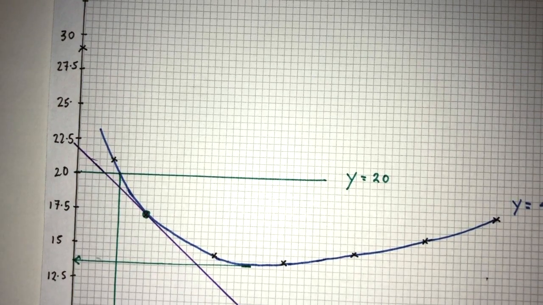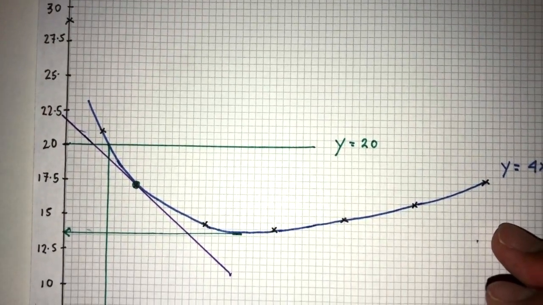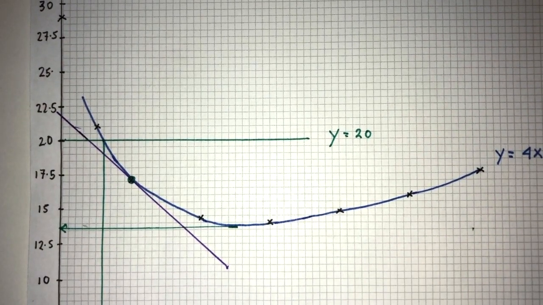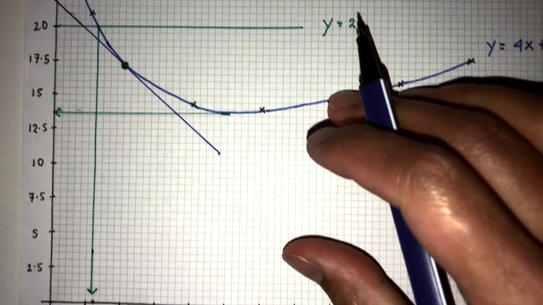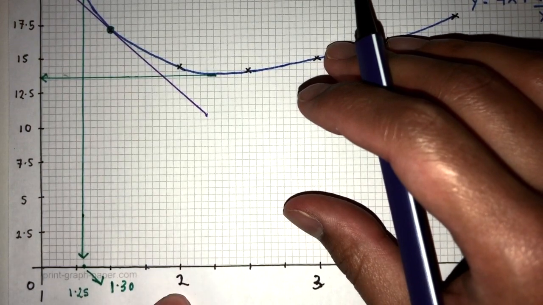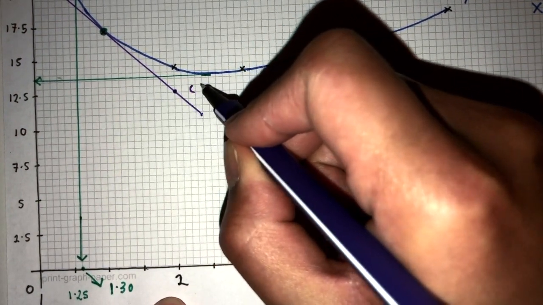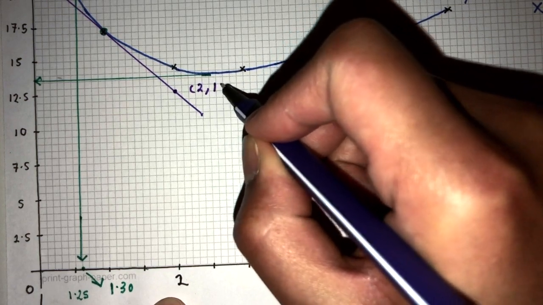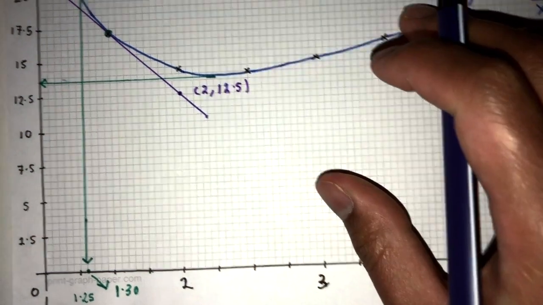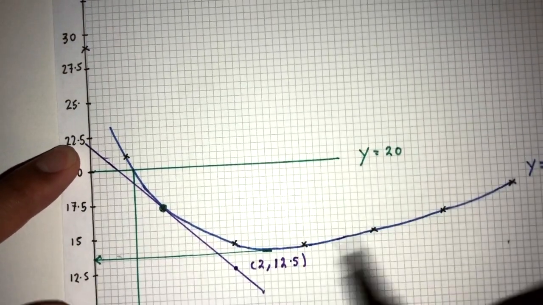Now I have to find the gradient. So to find the gradient, we have to find 2 points on the line. So let me choose easy points. This is 2, right? I'll choose 2, and then this here, that will be 2 and 12.5. That's my first point. And then I will choose this one, which is kind of easy as well.